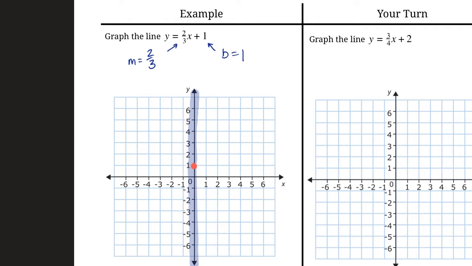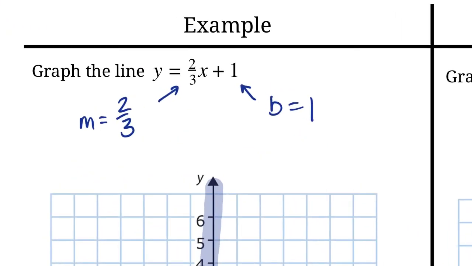Next, we have the slope is 2/3. Slope refers to how the graph changes from that starting point. What 2/3 actually means is the 2 refers to the rise, and the 3 refers to the run.